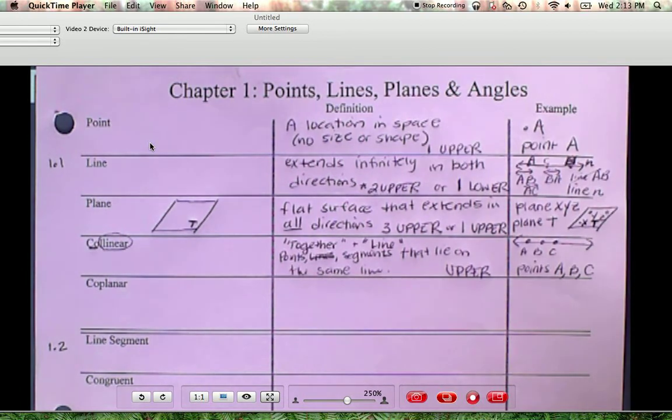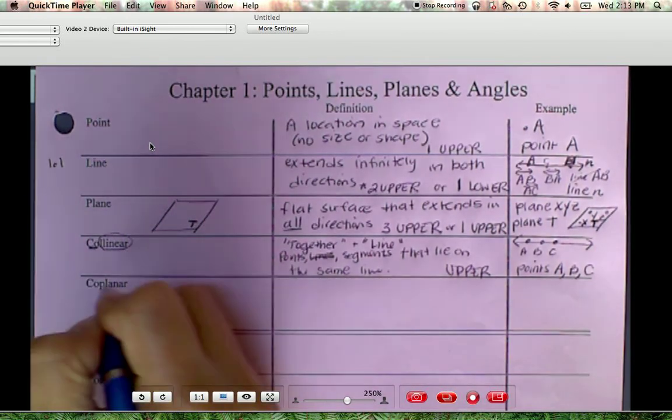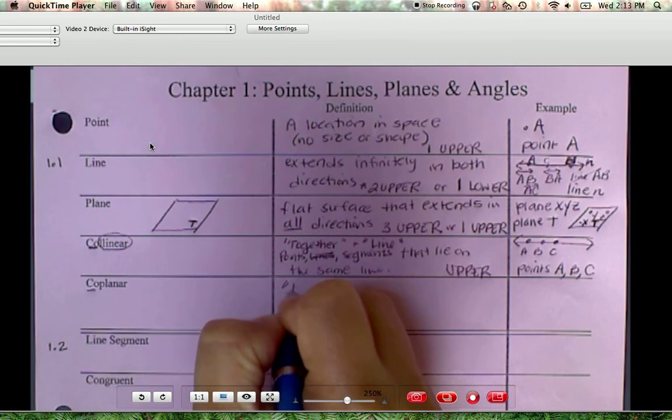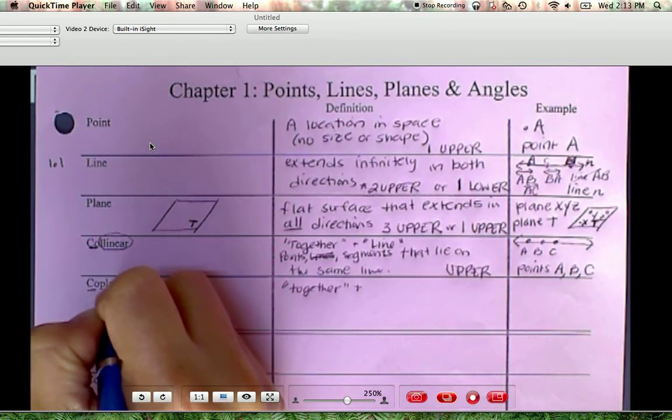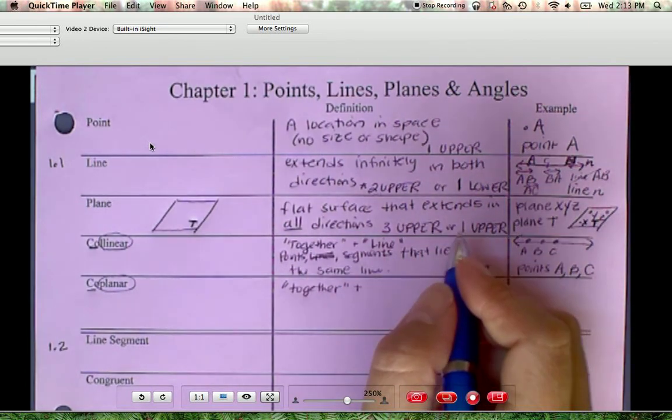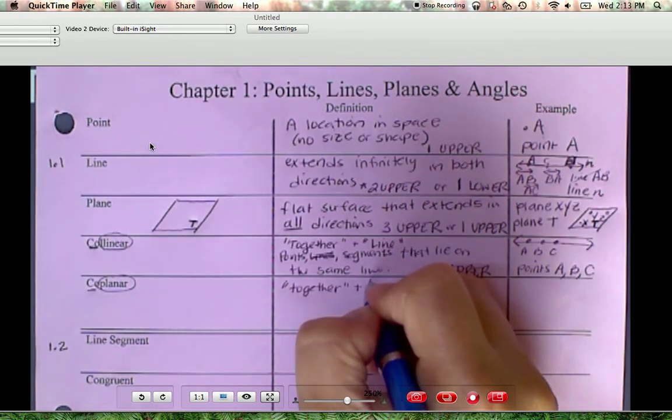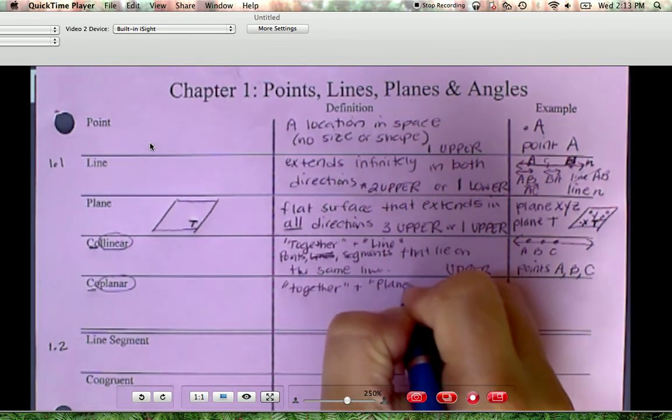Okay. Sometimes you'll be asked to name 2 collinear points. Make sure you use uppercase letters for those. Now, coplanar is very similar. We still have that co there that means together. But this time it's planar, which gives us plane.